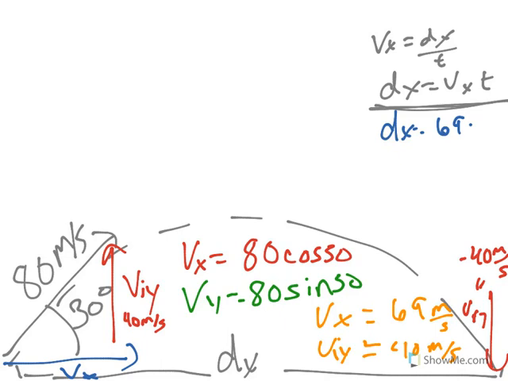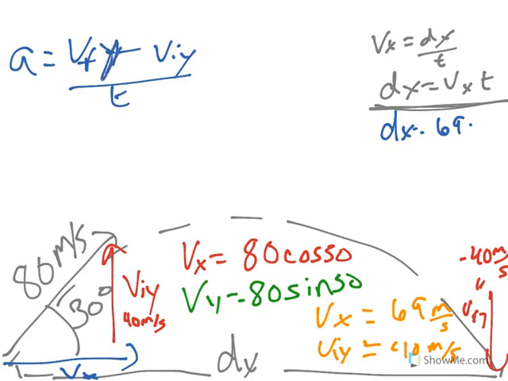Well, what you can do is you can go a is equal to Vfy minus Viy over t. And if you do this, you should be able to solve for a time because we know the final velocity in the y. We know what the initial velocity in the y is. We know what a is.